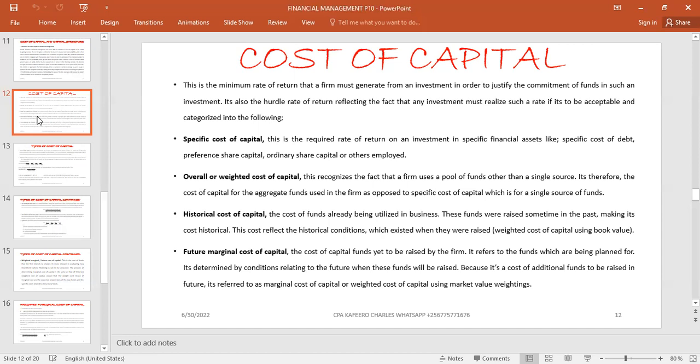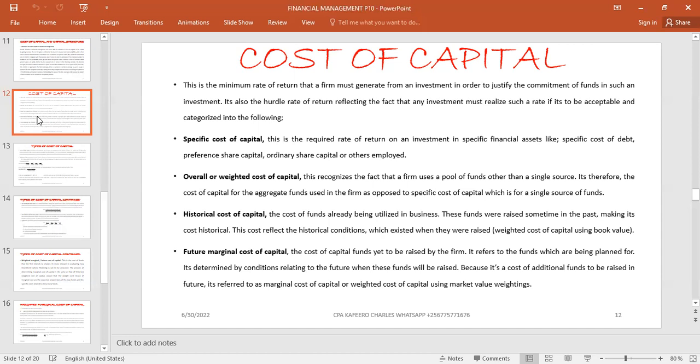And we are saying here that it has the following. We can categorize that into different types. It is categorized into 4. One, we have the specific cost of capital, and this cost of capital is the required rate of return on an investment in a specific financial asset.